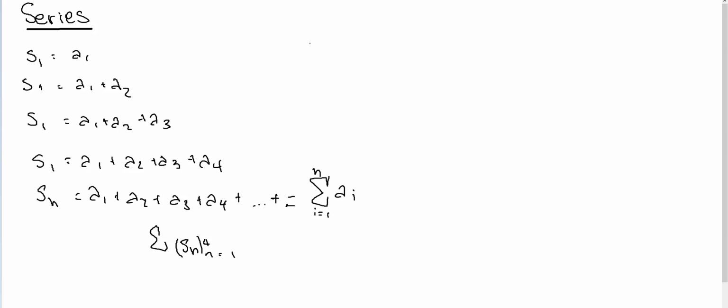So an infinite series is denoted by the following. A general series would be the sum from i equals 1 to n of ai, but an infinite series would look something like this: i equals 1, and we want our top limit, instead of n, to be infinity.